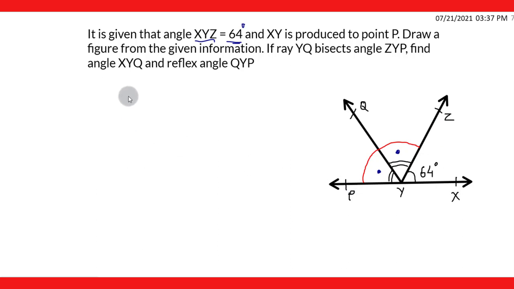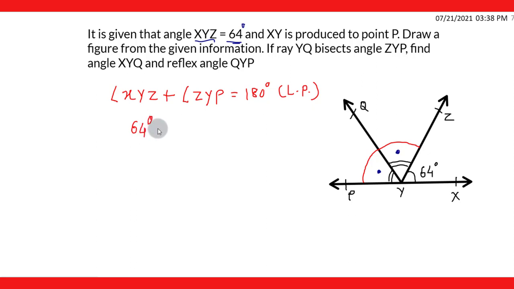So from the figure we can write that angle XYZ plus angle ZYP is equal to 180 degrees, that is a linear pair. Now here we know that angle XYZ is 64 degrees. So replace it by 64 degrees.